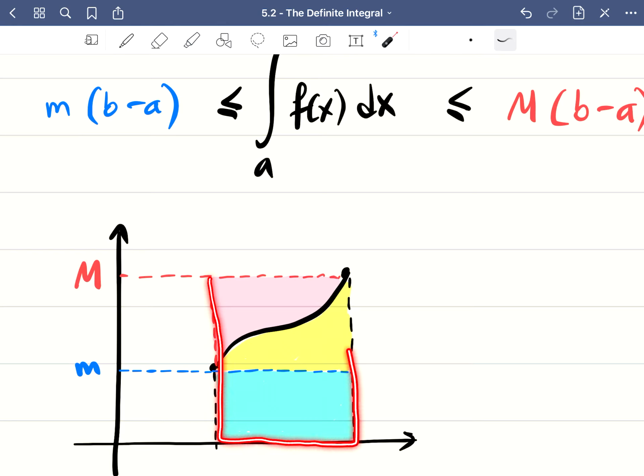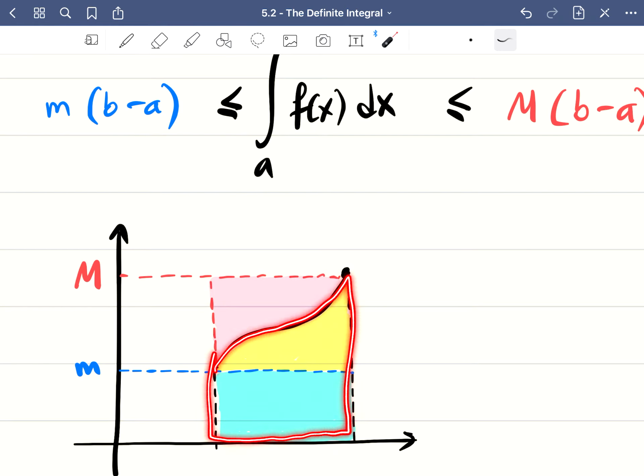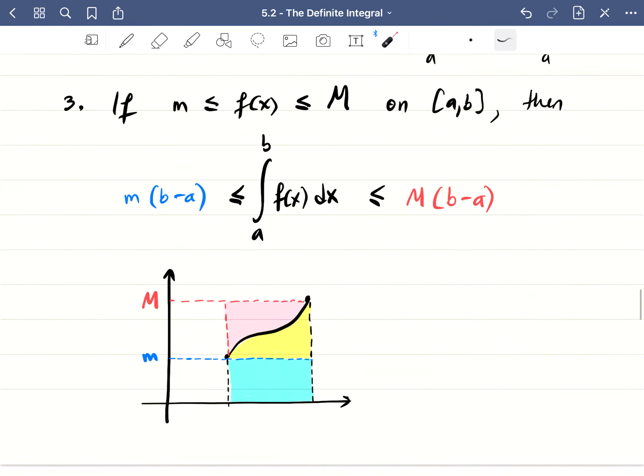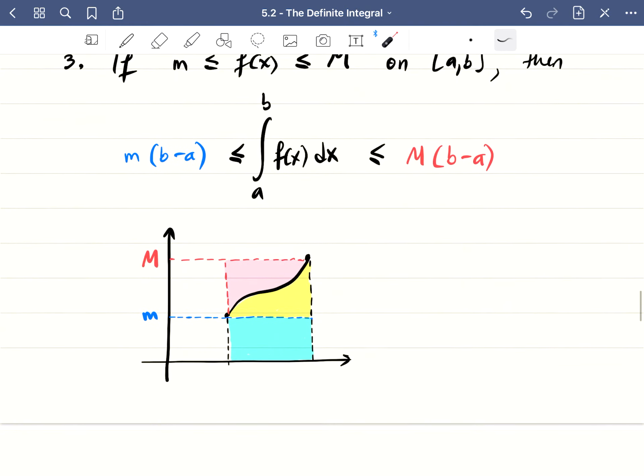I don't want to highlight on top of each other. And that's the bigger one, and the smaller one is this area here. And the smallest one is this area here. Okay, so that's a statement of this property number 3. We're not going to use them right now. We'll use them later, but let's keep that in mind.